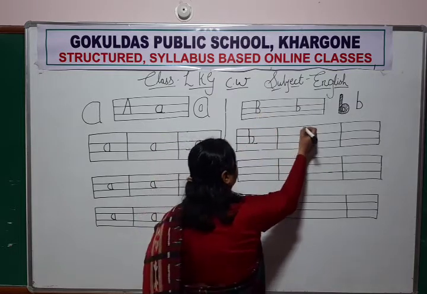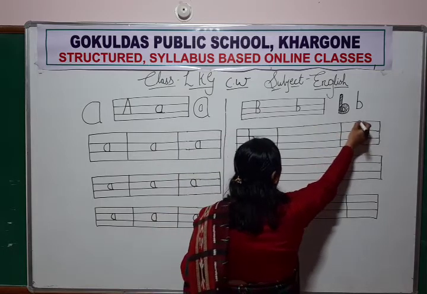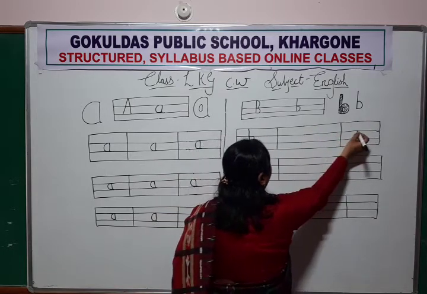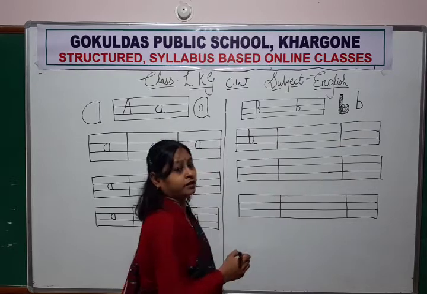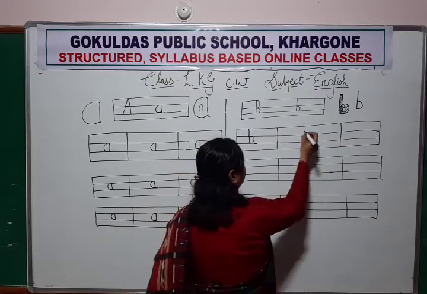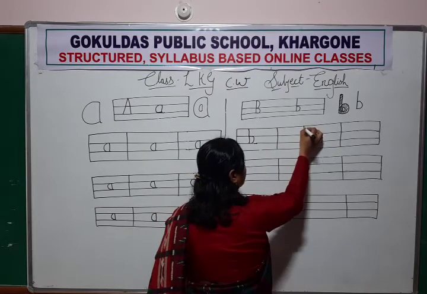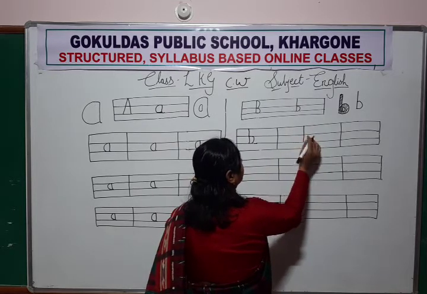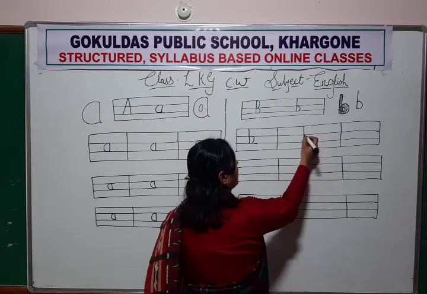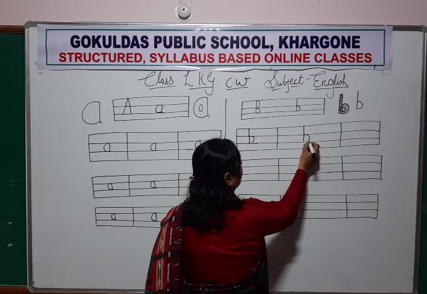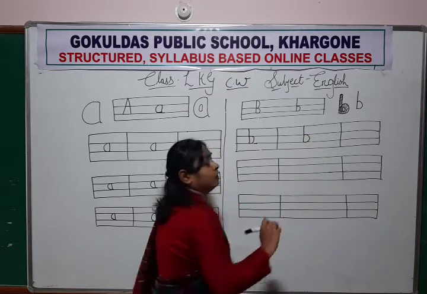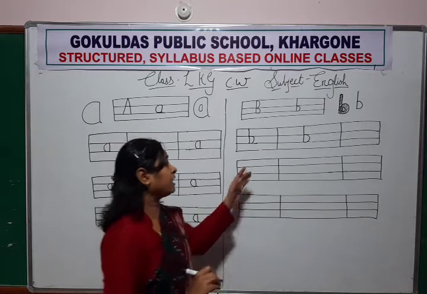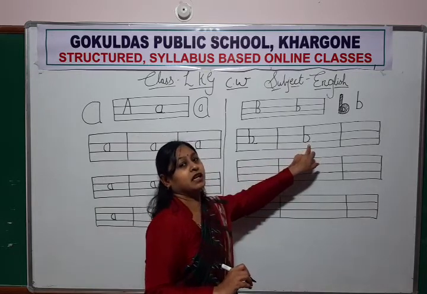Okay. Again. Look here. 2 dots were given. Okay. So first you have to write standing line and then in 2 lines you have to make half circle. What you have to do? Make half circle.